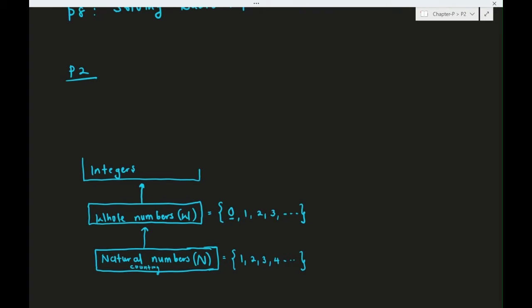Integers are denoted by capital letter Z. So when we say integers, integers are just the collection of the positive natural numbers, the negative natural numbers, and also zero. So we can start from here, and let's say we start from -3, -2, -1.